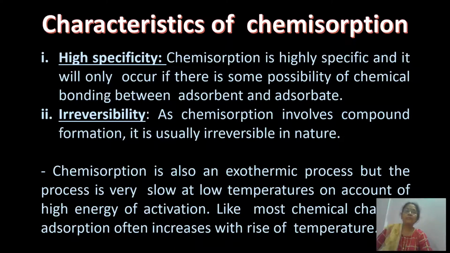Now, the main characteristics of chemisorption. Chemical adsorption is highly specific in nature, and it is irreversible. Although it is an exothermic process, it occurs very slowly and at low temperature, as chemical reactions occur and form chemical products.